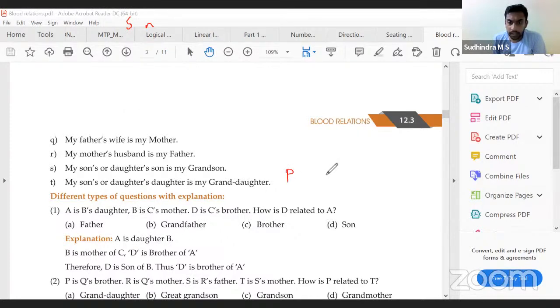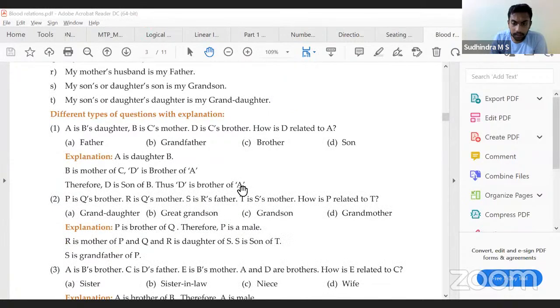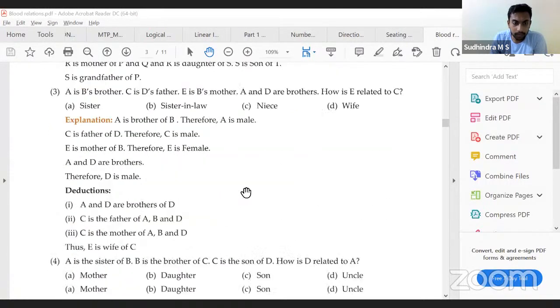T is S's mother. So female. How is P related to T? P is great grandson. So we are talking from P's point of view, right? So great grandson of T. Then this is the same.